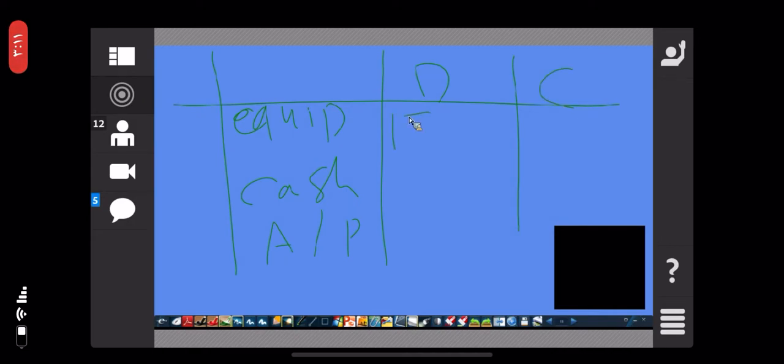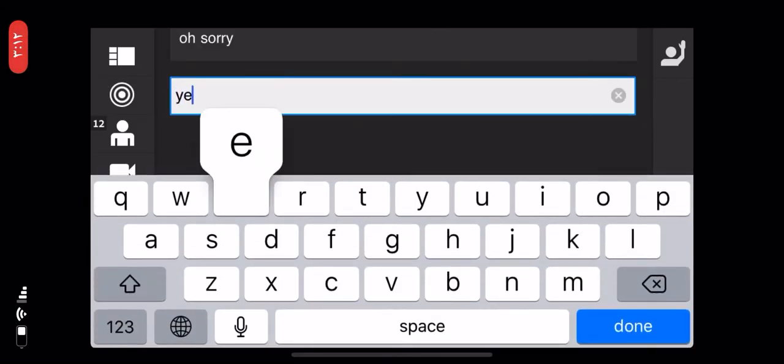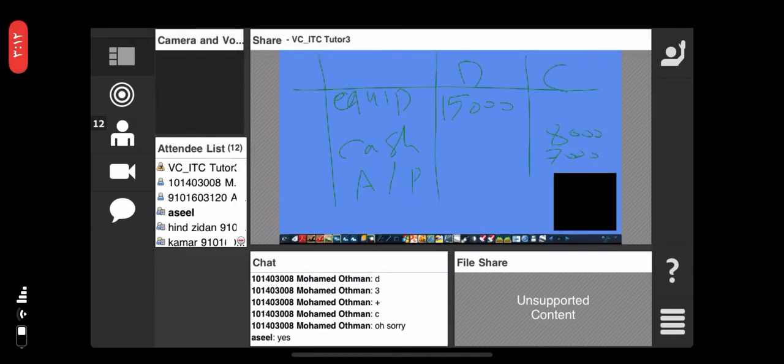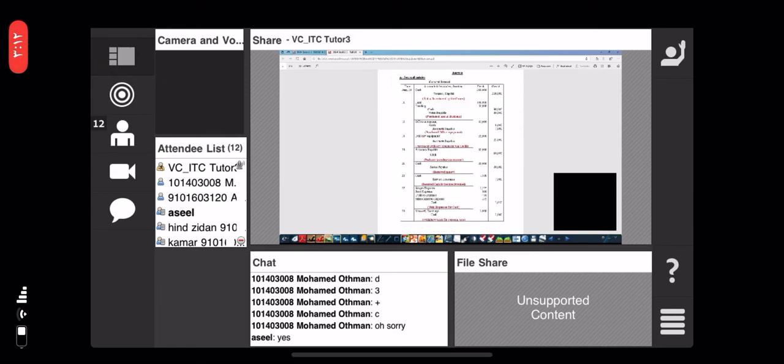So equipment 15,000 debit, cash 8,000, and remaining for account payable will be 7,000. VC clear? Okay. So this is the entry for the third transaction.